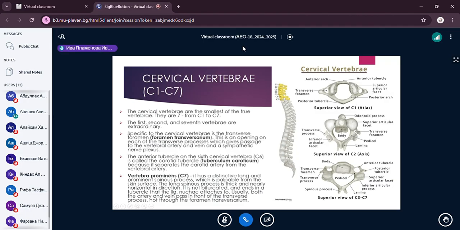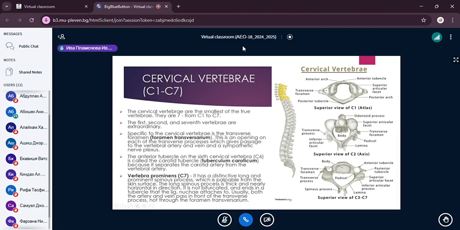That's the difference between the cervical region and the other parts of the spine. The name of the C1 is atlas. This is C2, which is called axis. And the others don't have names. For C7, specifically, its spinous process is long and bifurcated, and we can palpate it from the skin surface.